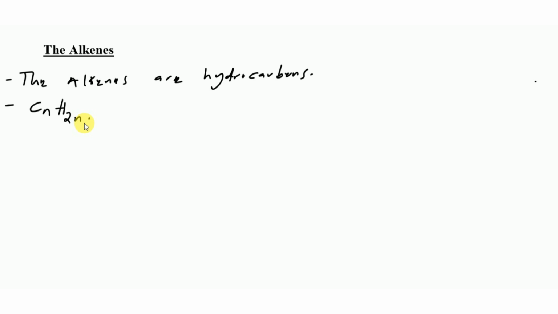Then the other thing that you must know about the alkenes is that they all contain a carbon-carbon double bond.